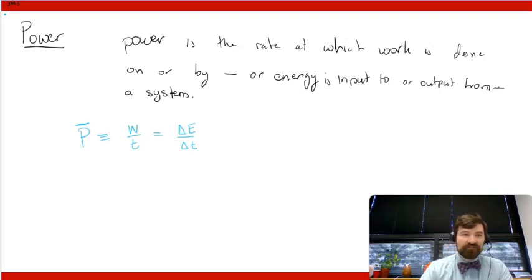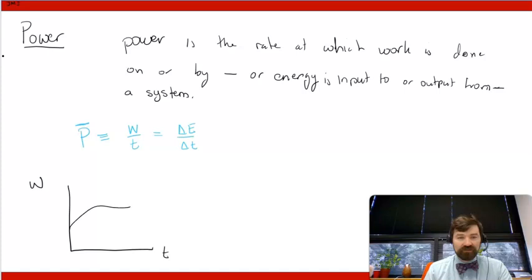Alternatively, if you want to plot work or energy versus time, so let's say here's time and here's work, and maybe you have a plot like this, then the power at this moment in time must be the slope of the tangent line.